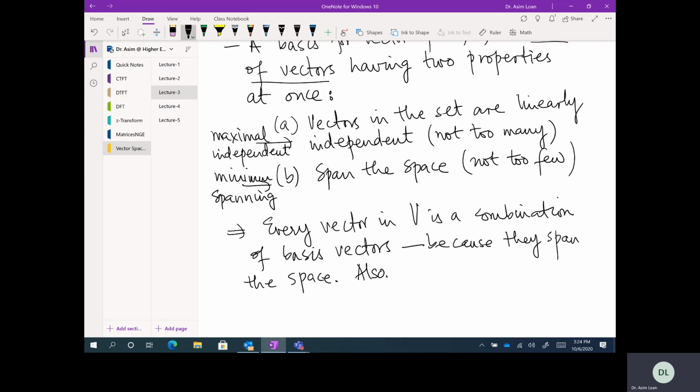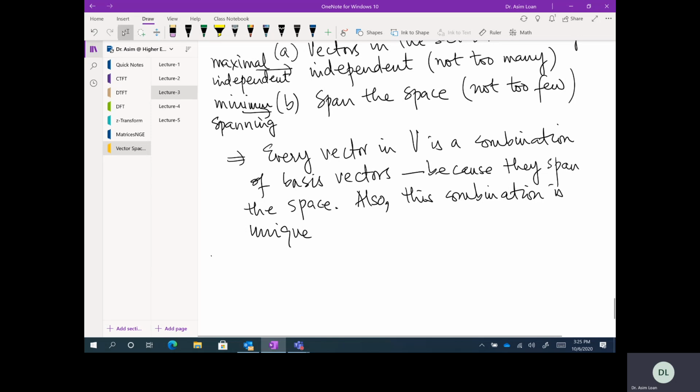Also, this combination is unique. And where is the proof? So the proof is very simple.